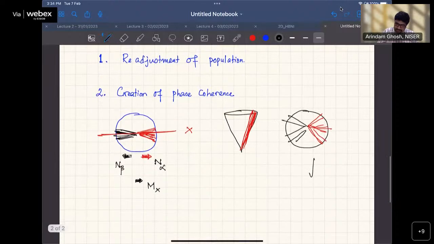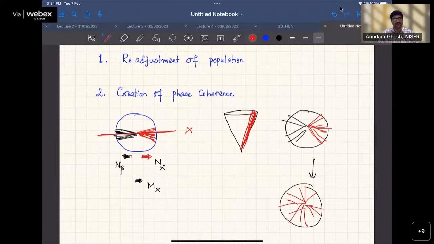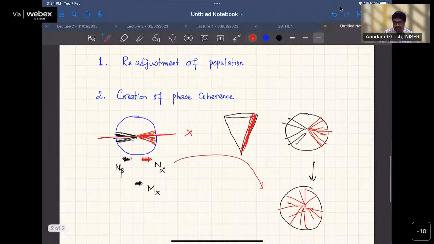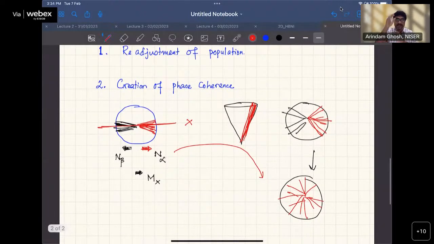After some time you'll see that these red ones have started going back again to this absolutely decoherent state, and then the xy component is gone. So this process, going from a very coherent phase situation to absolutely decoherent phase in the xy plane, is done in the time scale of T2. This is called the time scale of T2.